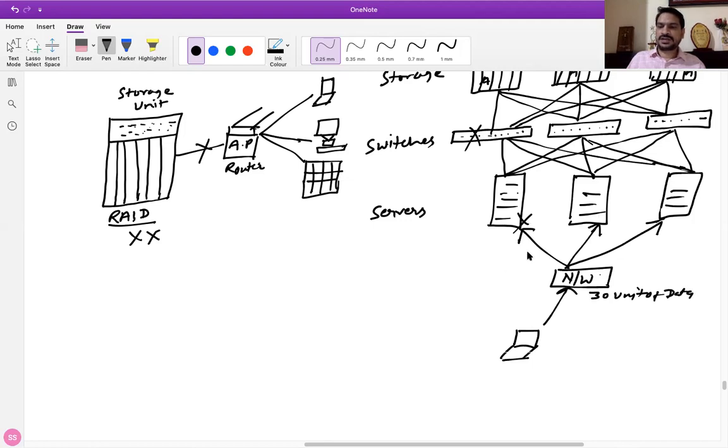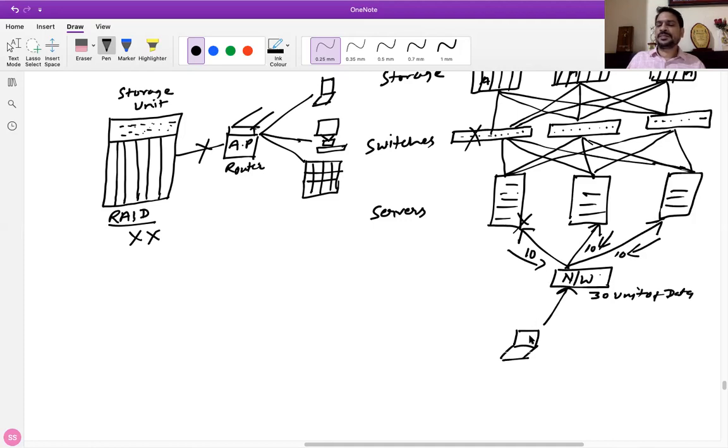The network will divide the request into 10, 10, and 10, and all these servers will serve. Because it is not 30 but only 10 units each, it can serve very fast. So 10 units can be fetched from the database and served very fast, and in that way they can achieve parallelism.